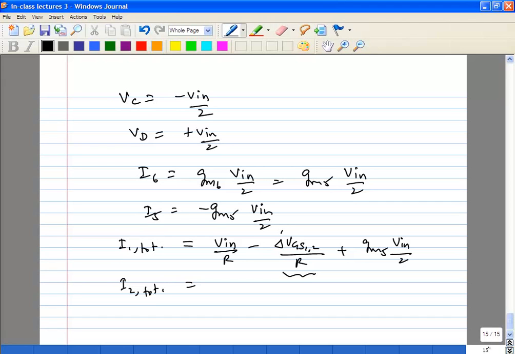This was your error, and this is your feed forward what you have added. So you're going to try to make this whole thing cancel out. So you ideally want only Vn over R at I1.